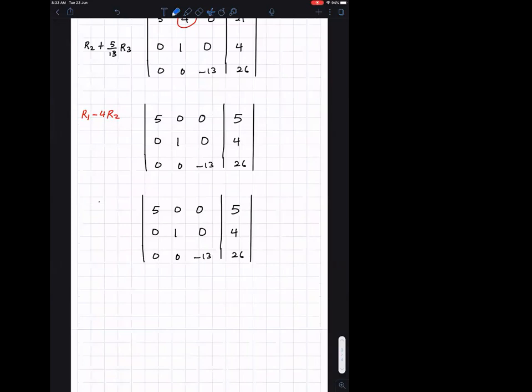Okay, very good. So we are only interested in making these things go to 1. How about row 3? Divide by negative 13. Row 2, you don't do anything. Row 3, divide by minus 13. And this becomes 2.